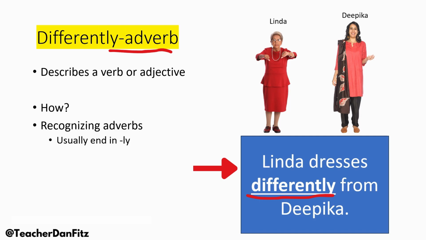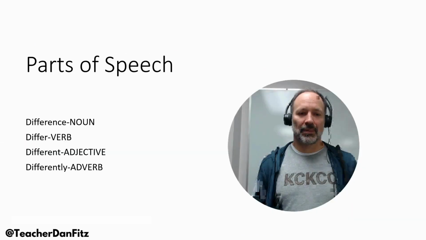So how does Linda dress differently? Dress is my verb in that situation. So I use differently with the LY to say how she dresses. One way you can recognize adverbs is that a lot of times, especially the ones that answer the question how, they end in LY.